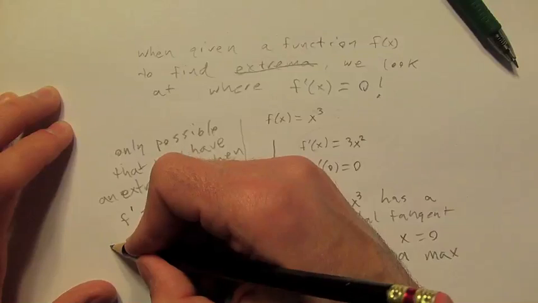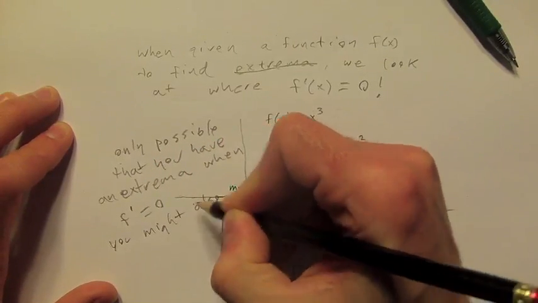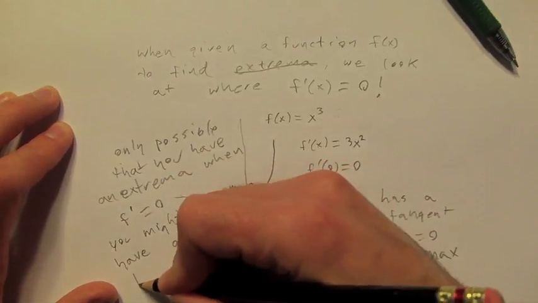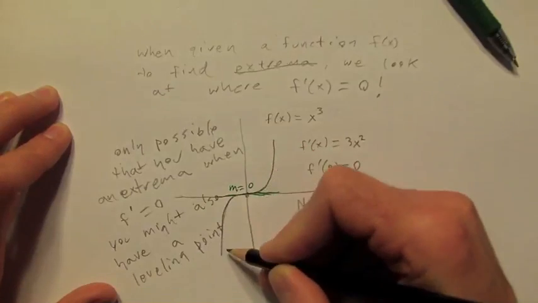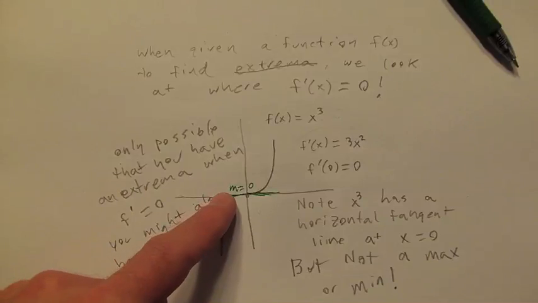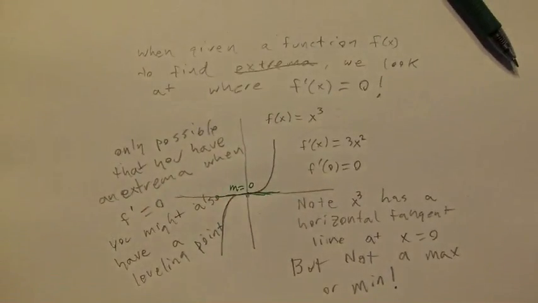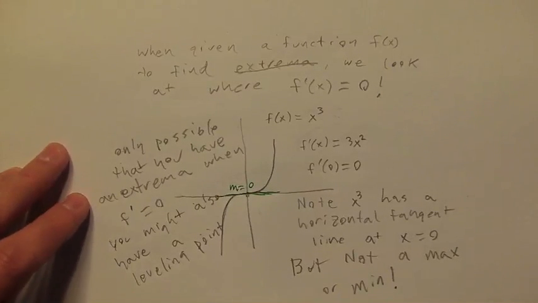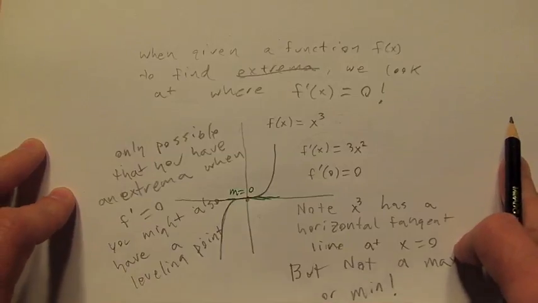It's also possible you might have a leveling point, which is what I like to call these points where the graph doesn't stop increasing, but it levels off for a minute and then keeps going. We'll talk more about this type of thing in section 4.2. Those who've seen this before probably recognize this as an inflection point.